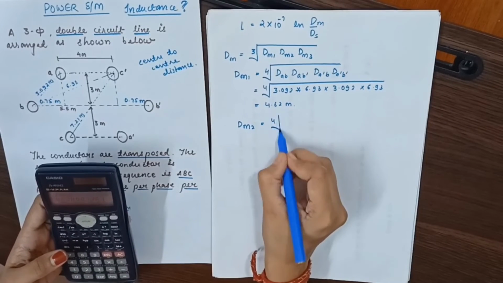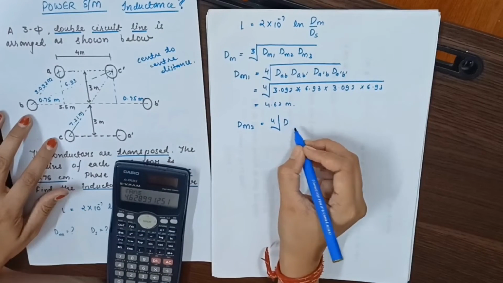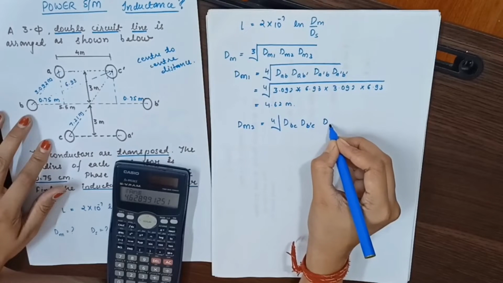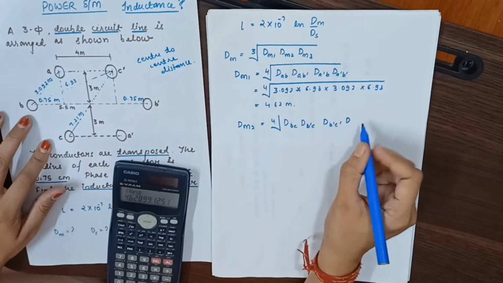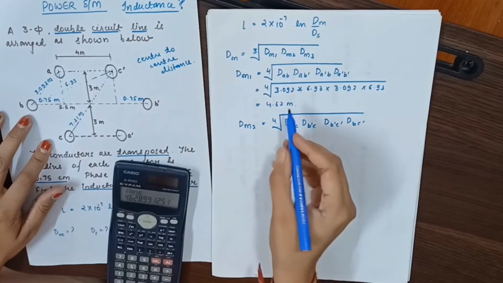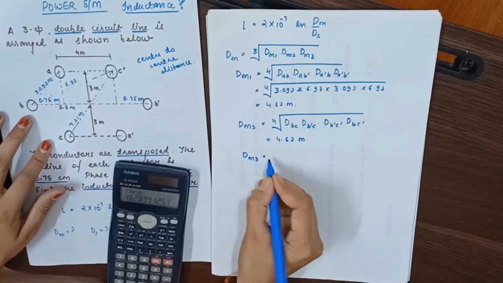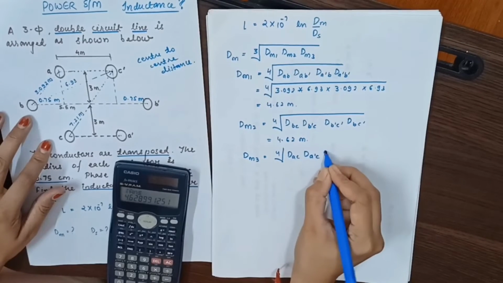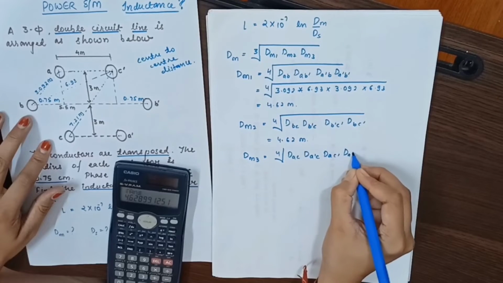Now similarly we have to find Dm2. It is between B and C. So it's DBC, DB dash C, DB dash C dash and DBC dash. Because of symmetry it is 4.62 meter only. And now Dm3 is between C and A. So DAC, DA dash C, DAC dash and DA dash C dash.